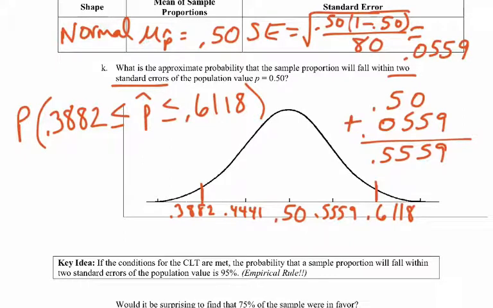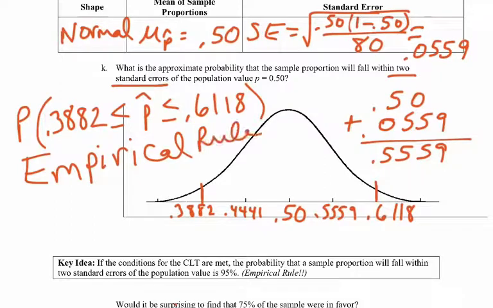However, if you remember, the empirical rule still applies here. By the empirical rule, what percent of the data should fall within 2 standard deviations, or 2 standard errors, because that's what the standard deviation is in this case, of the mean? The empirical rule said that 95% of the data is going to fall within 2 standard deviations.